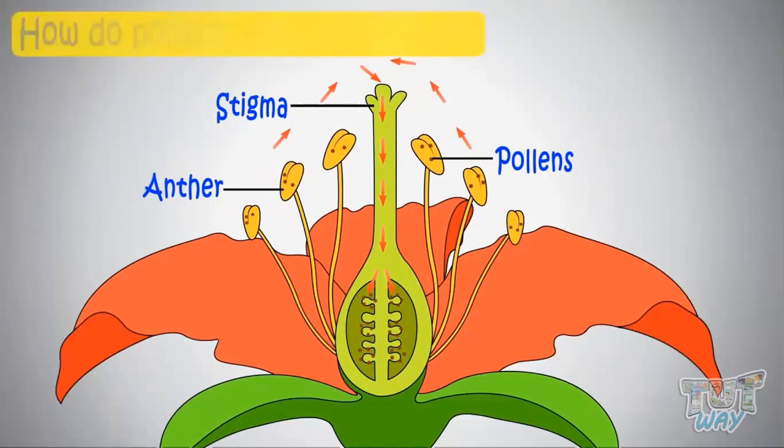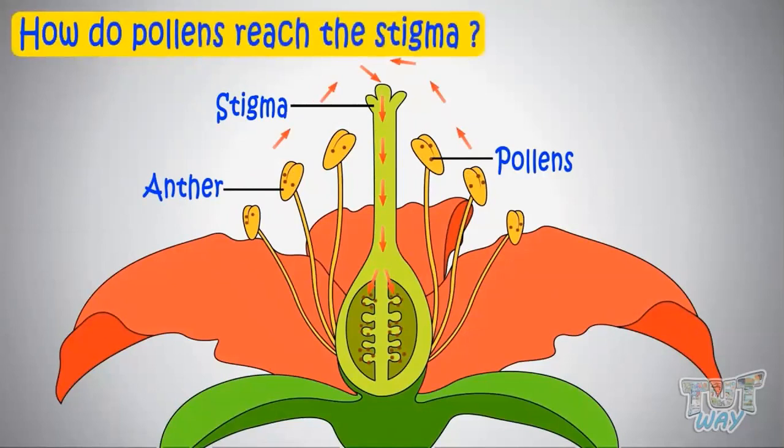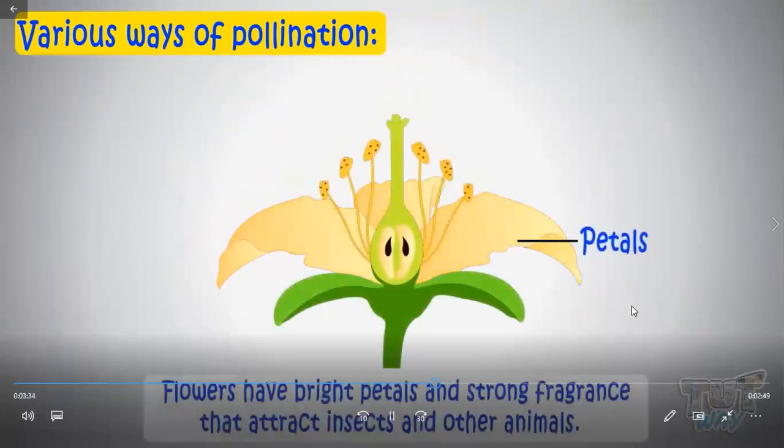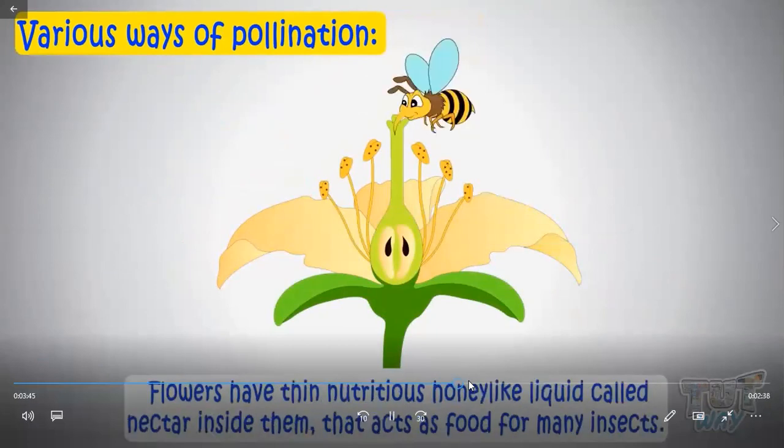Now let's see how pollination occurs or how pollens reach stigma. There are various ways. How do pollens reach the stigma? Flowers have bright petals and strong fragrance that attract insects and other animals that act as food.